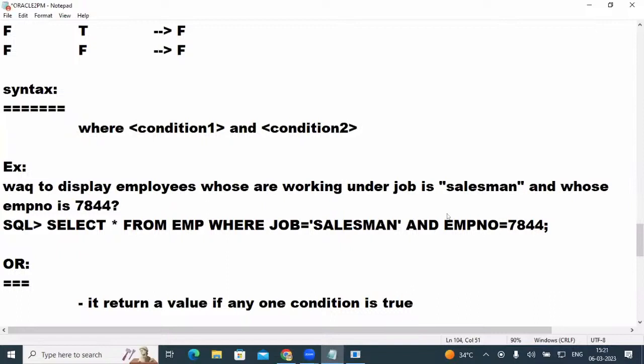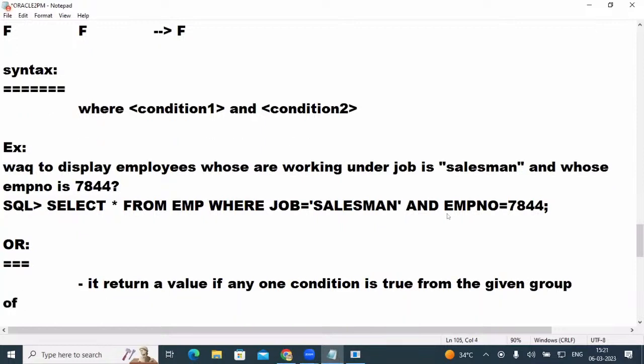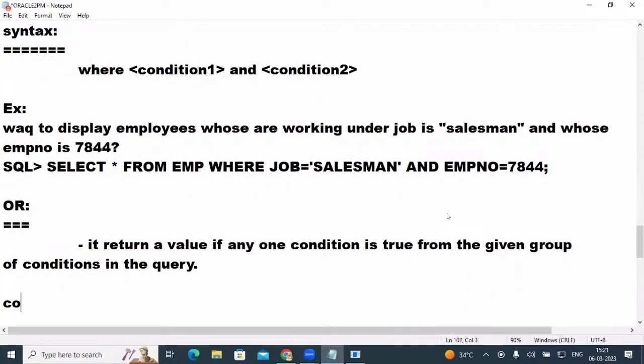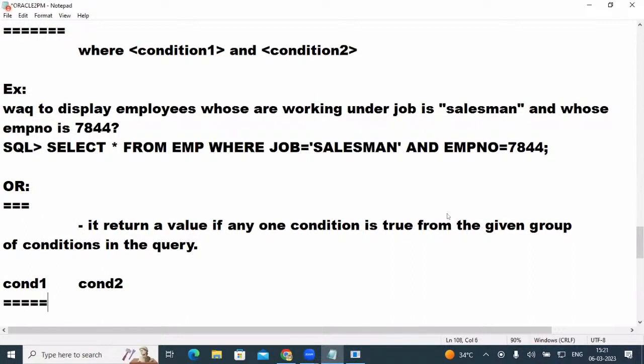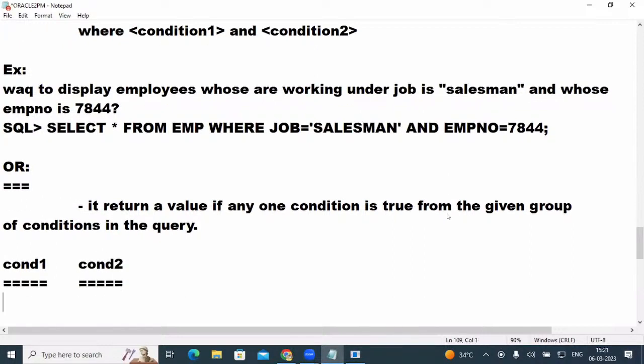If any one condition is true from the given group of conditions in the query. Now you can remember condition number 1, condition number 2. Between two conditions, I'm using the OR operator.